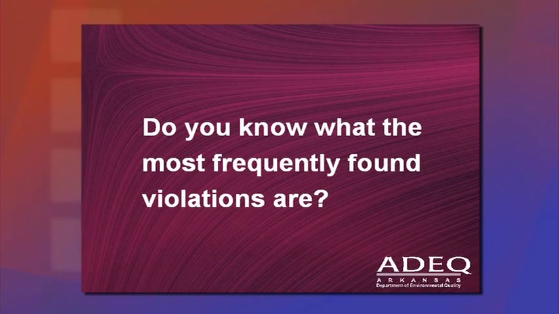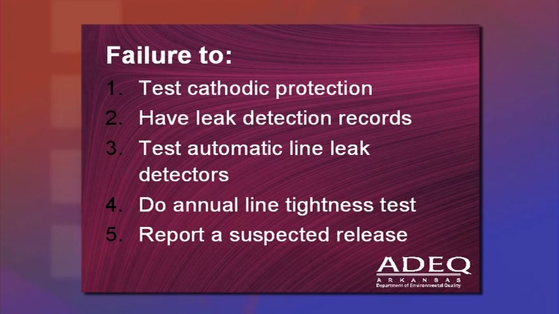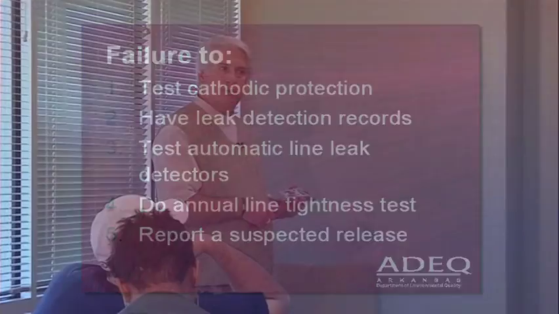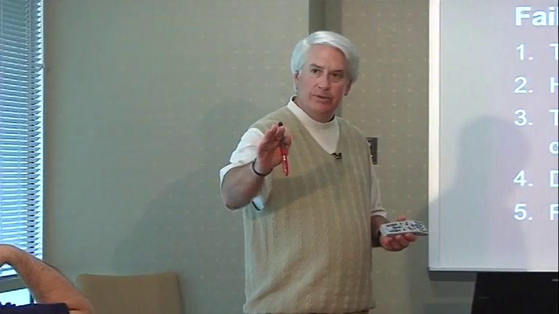Most frequent violations for underground storage tank operators. Failure to test your cathodic protection systems. Remember, within 6 months of installation or repair, and then within every 3 years.